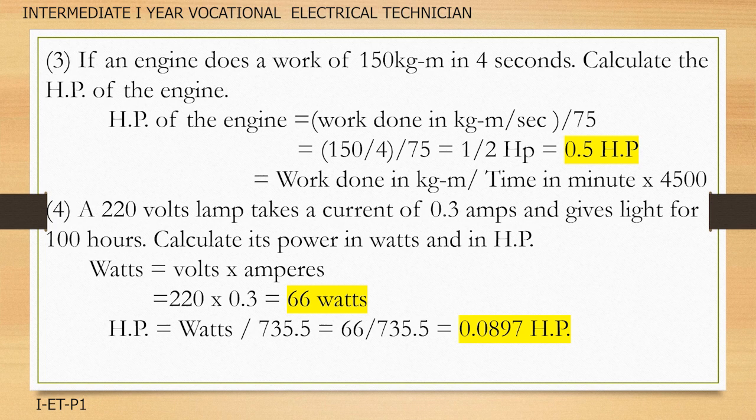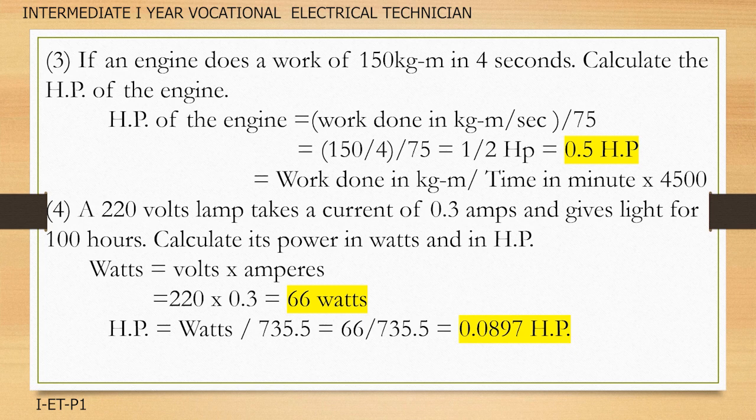Fourth problem. A 220 volts lamp takes a current of 0.3 amperes and gives light for 100 hours. Calculate its power in watts and in HP.